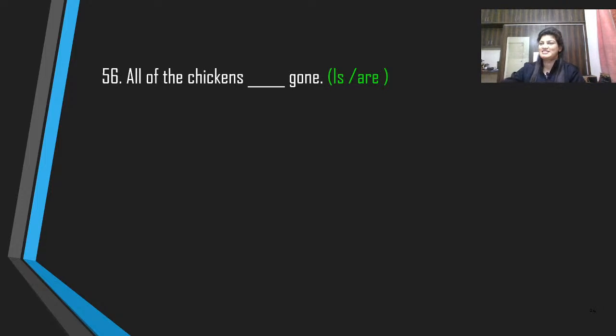All of the chickens, not just Krish, in fact, all of them, because all of you were on my side. You were not there at that time, Anshika, so you don't know what has happened. So anyway, all of the chickens.